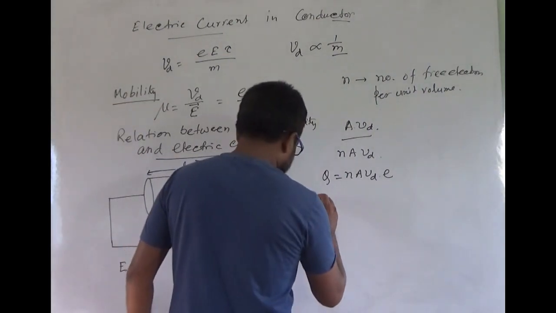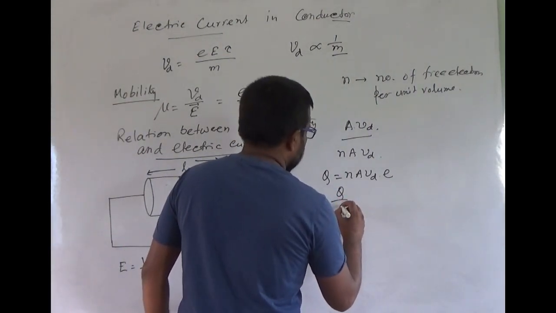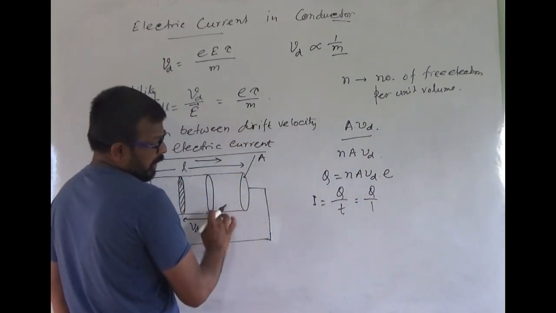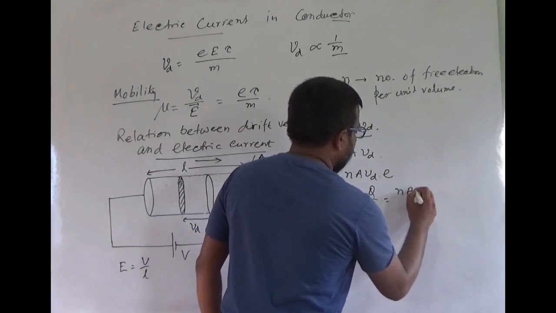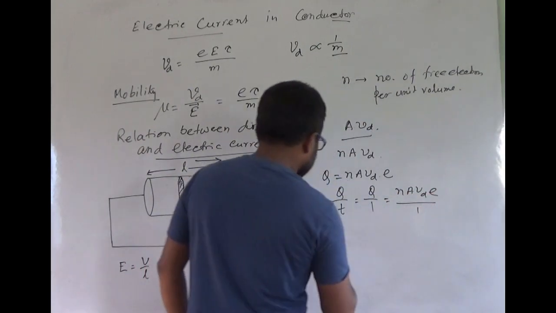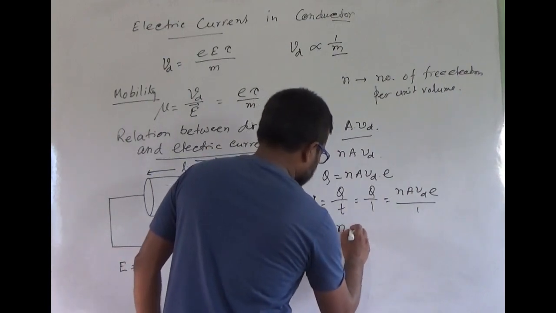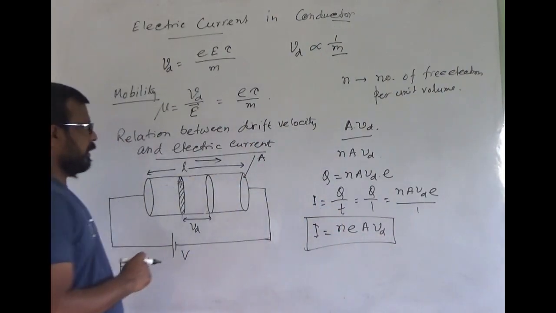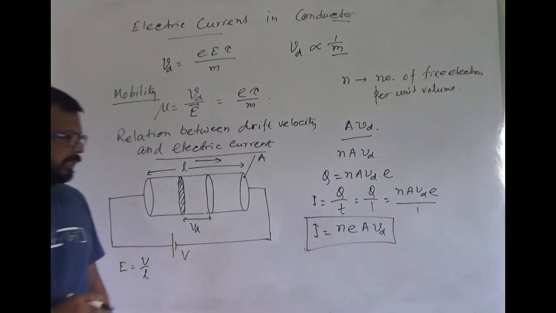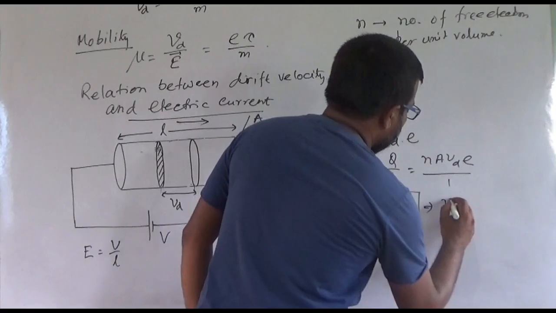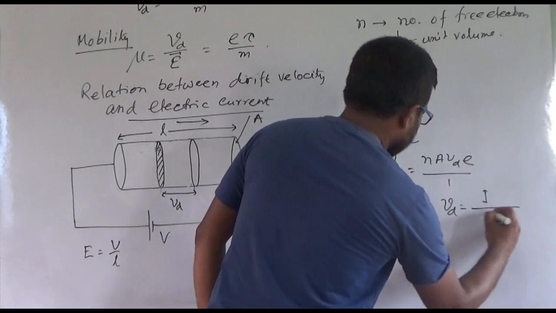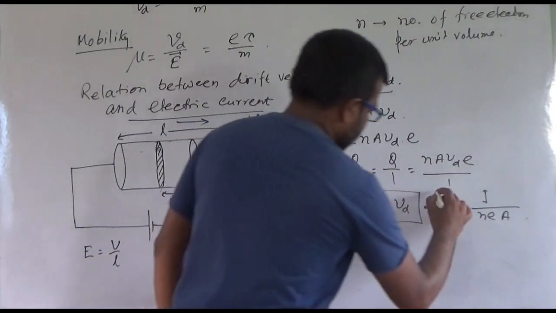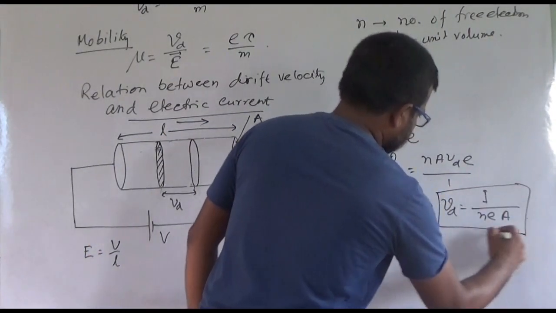Therefore, current in this conductor is Q by t, that means Q by 1, because t is 1 here, that means nAVd e, so I equals neAVd. This is the relation between drift velocity and current. And from this, Vd equals I by neA. This is an expression for the drift velocity.